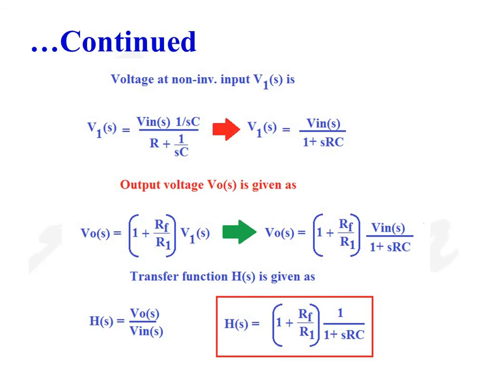That means V0 of S is equal to 1 plus Rf by R1 into Vin of S divided by 1 plus SRC. So we can write transfer function H of S is V0 divided by Vin, that is equal to 1 plus Rf by R1 into 1 by 1 plus SRC.